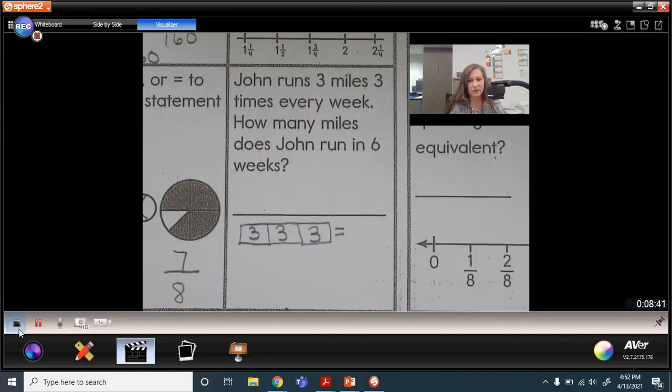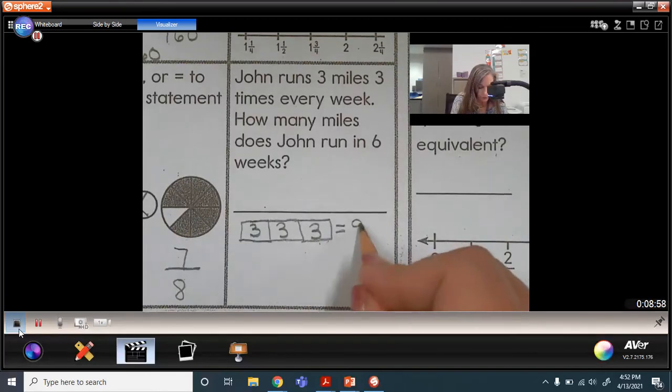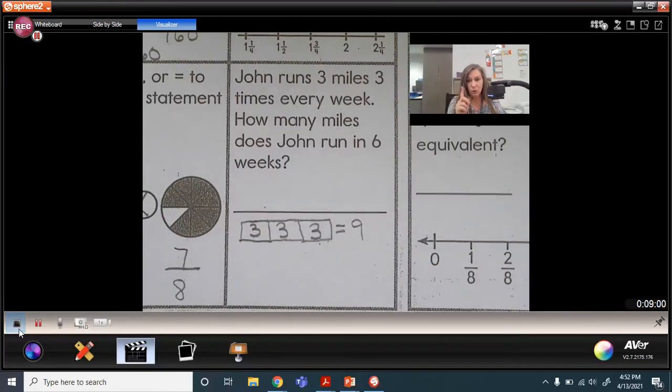So if I add those together, let's say Monday he runs 3 miles, Tuesday he runs 3 miles, and Wednesday he runs 3 miles. And the rest of the time he takes days off. So 3 plus 3 is 6, and another 3 is going to be 9, right? Now, that's just 1 week. What would I do if I wanted to do 6 weeks?